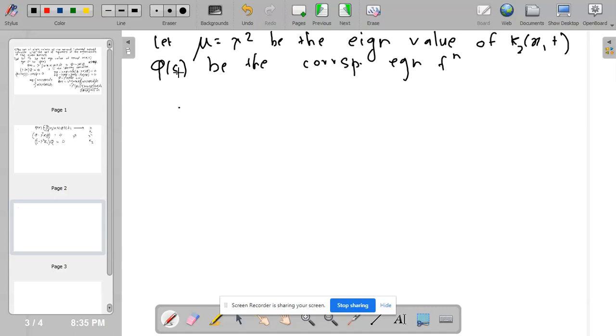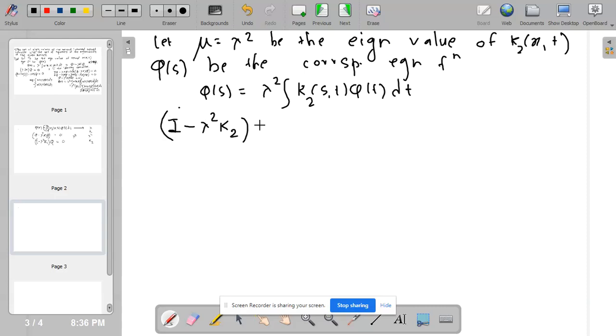So it will satisfy the equation phi of s equal to lambda square integral k2 s comma t phi of t dt, which is the same as I minus lambda square k2 phi equal to 0.